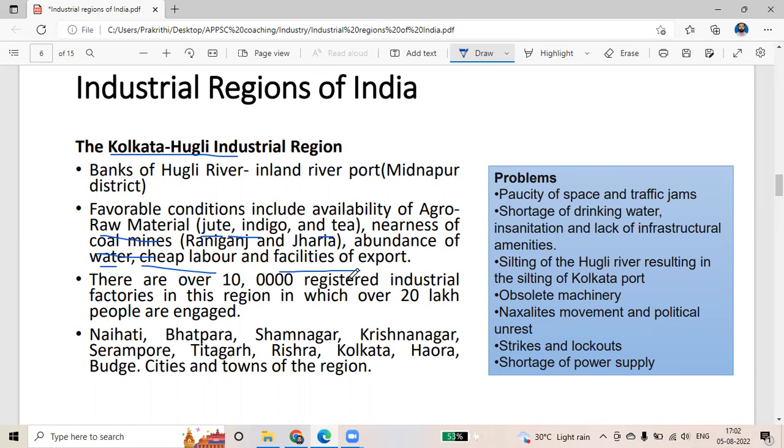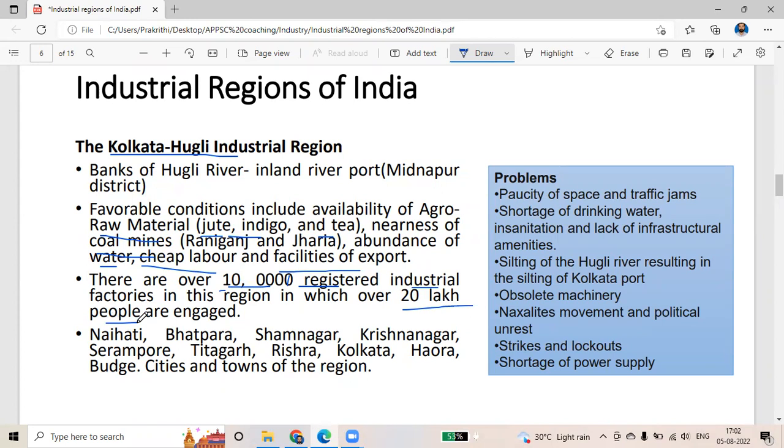Because of the same, there are more than 1 lakh, this is actually wrong, this is 10,000 registered industries in the area, providing jobs to almost 20 lakh people. 20 lakh population, they are giving employment.